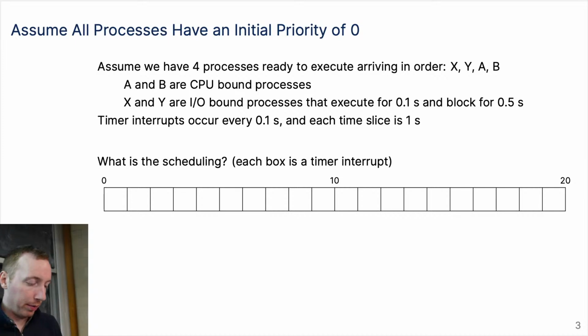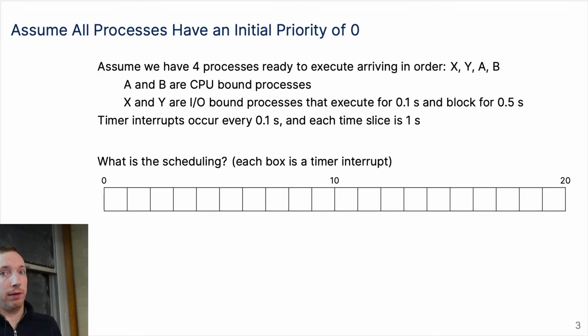So between those 4 processes, A and B are CPU-bound processes, so they'll never yield their CPU time or do anything like that. And X and Y are I/O-bound processes, so they'll only execute for 0.1 seconds, and then they'll block for 0.5 seconds. Then the question says, hey, okay, so we have timer interrupts every 0.1 of a second, and then each time slice is a full second.